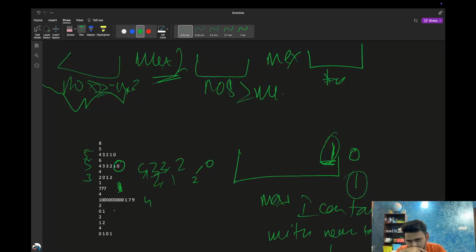No, 2, 0, 1. So if I take this, then max is 0, I can't take this 1.